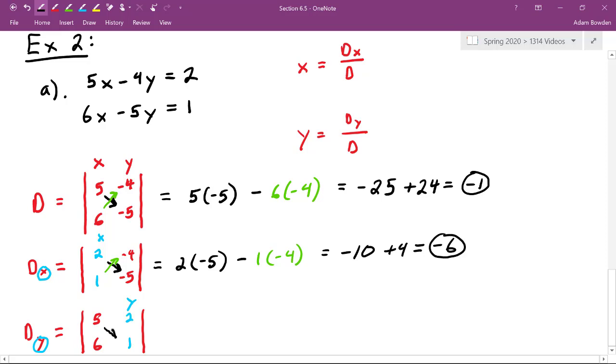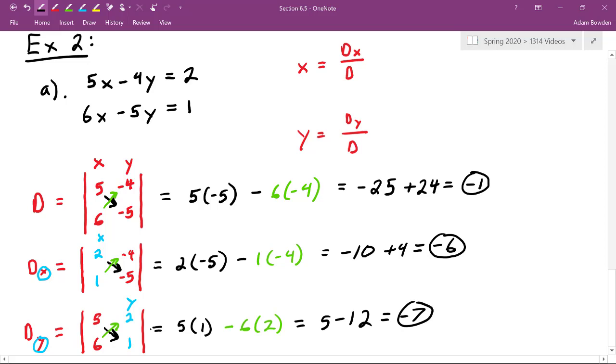Now we multiply down diagonally, we get 5 times 1. Multiply up diagonally, minus 6 times 2. So that's going to be 5 minus 12, and that will equal -7.